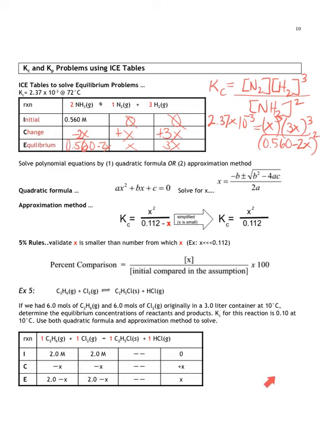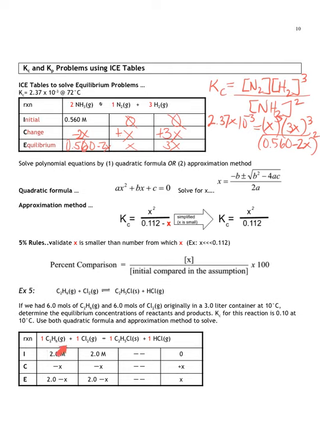So let's look at this problem. If we have 6 moles of C2H6 and 6 moles of Cl2 originally in a 3-liter container at 10 degrees Celsius, determine the equilibrium concentrations of the reactants and products. The Kc for this reaction is 0.1 at 10 degrees Celsius. Use both the quadratic formula and approximation method to solve and see the difference.